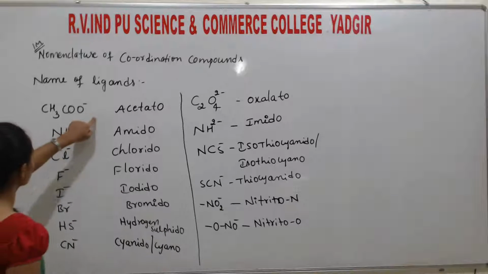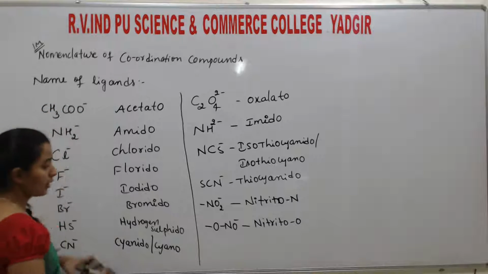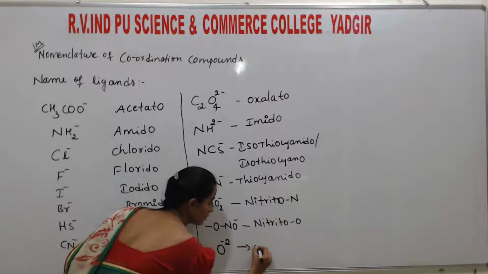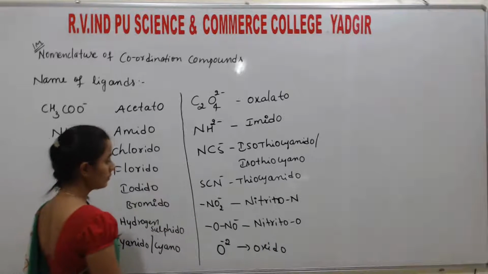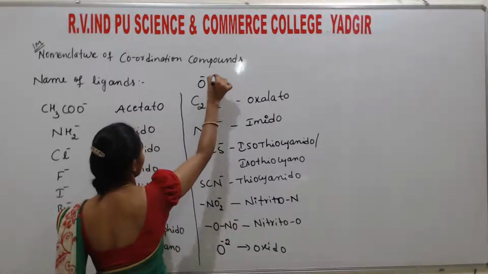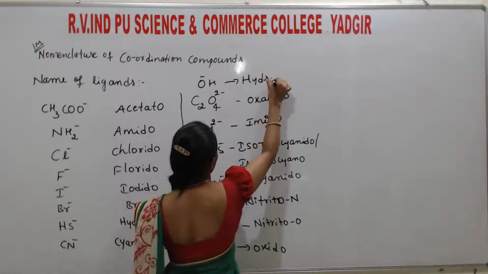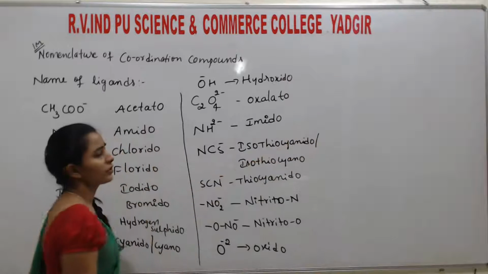So ions with a negative charge. Understood? And another one is there, O2 minus. That is oxido. If you want to write another one, that is OH minus, hydroxido. Hydroxide means hydroxido.